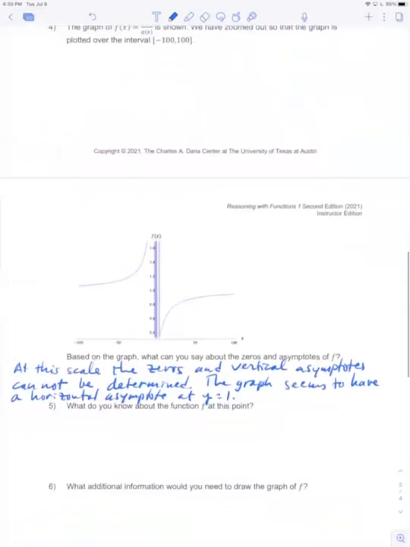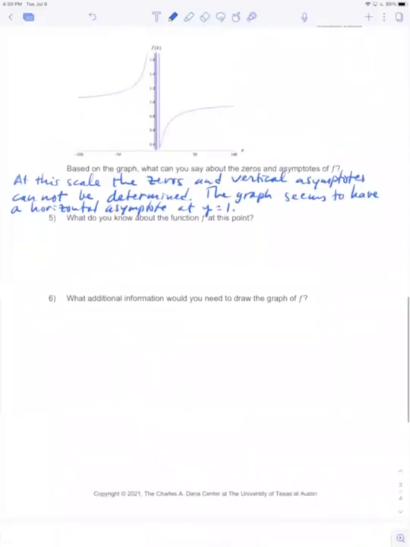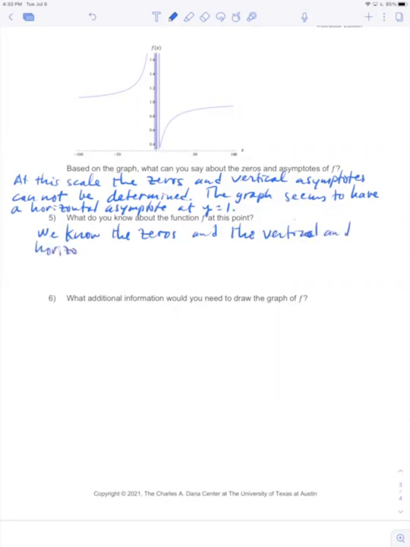Let's go on to numbers 5 and 6. What do you know about the function f at this point? Well, at this point, we know the zeros, and we know the vertical and horizontal asymptotes. Let's just collect all this information.